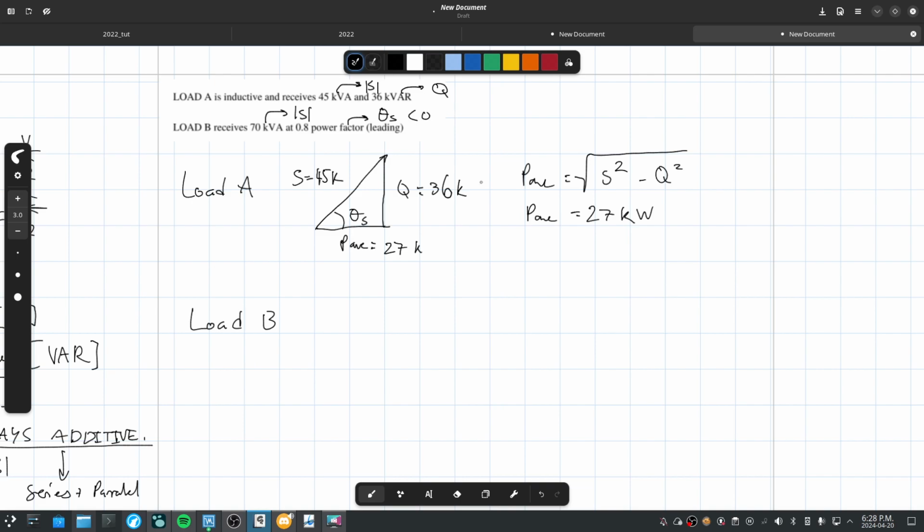It's going to be negative, negative cosine inverse of our number here. So let's assemble our triangle. We have our triangle here. This magnitude here is 70,000. Let me write S.